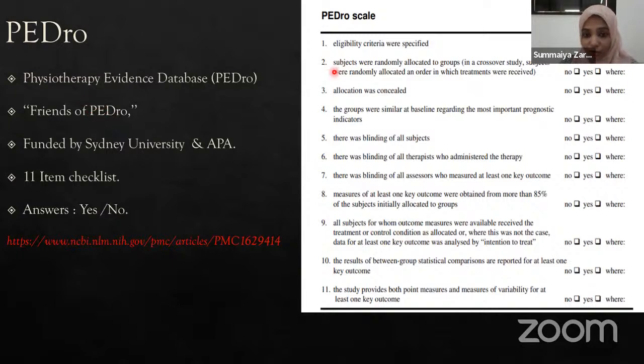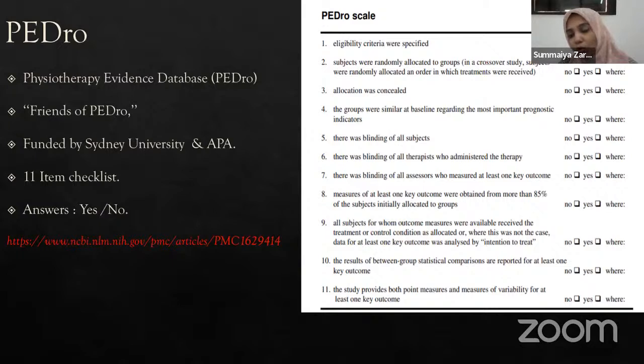But it is a very good scale, and it was definitely funded by the Sydney University and the Australian Physiotherapy Association. And they also have an online reviewer course. It's obviously paid, and when you do that, you become friends of PEDRO. That is a term used for that. Okay, you get that term.